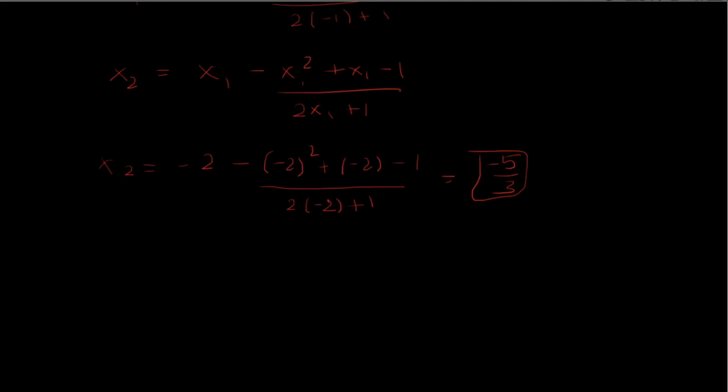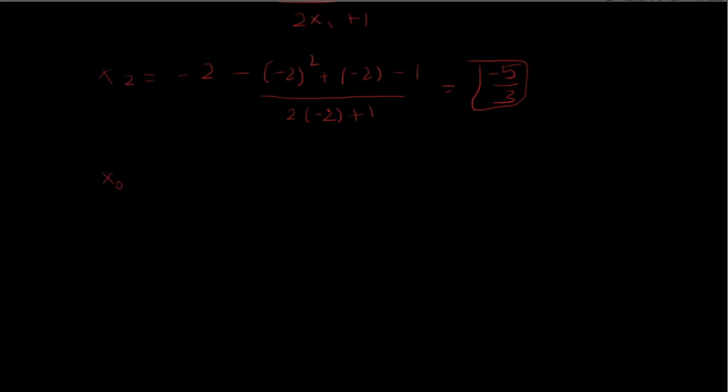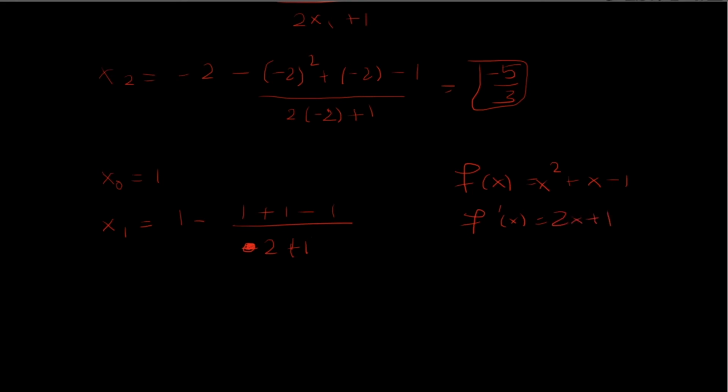Now we're going to start at x0 equals 1. So x sub 1 will be 1 minus, and then we're just going to plug it in, 1 plus 1 minus 1 over 2 plus 1. Right, because f of x was x squared plus x minus 1, and the derivative, we said, is 2x plus 1. So x here plays the role of 1 because that's x of 0.